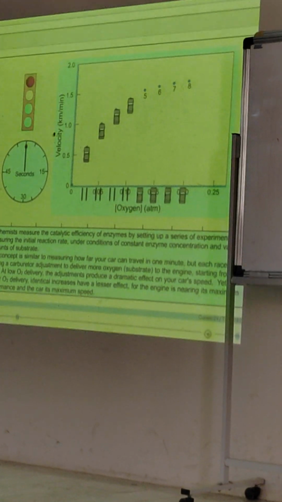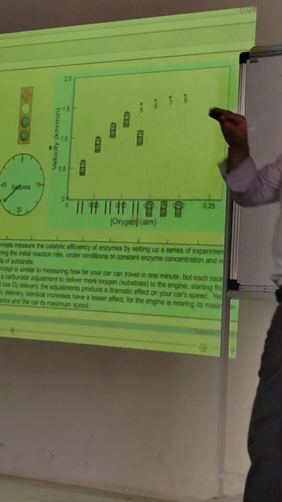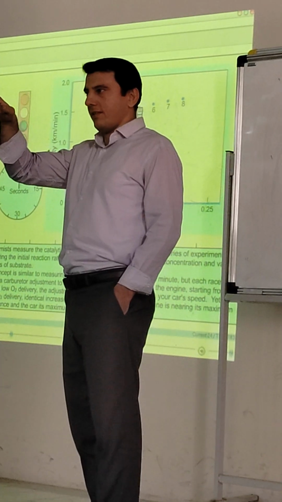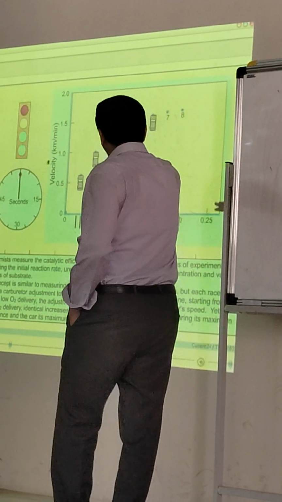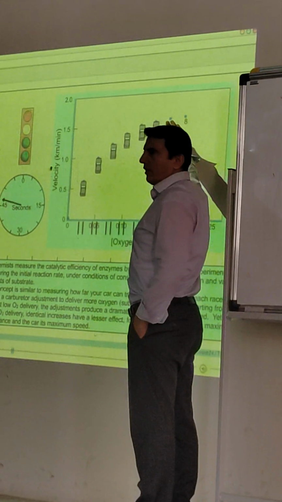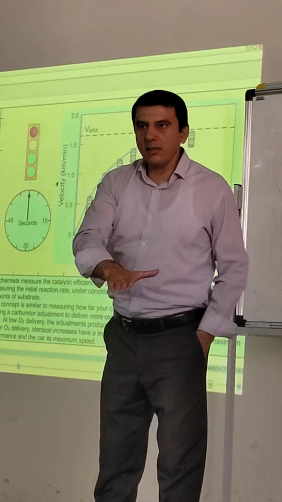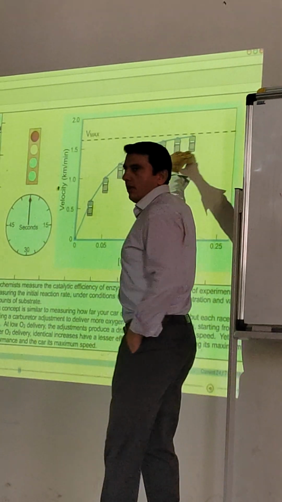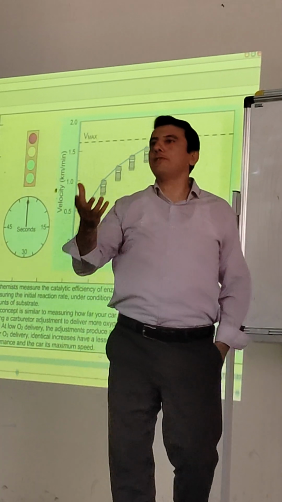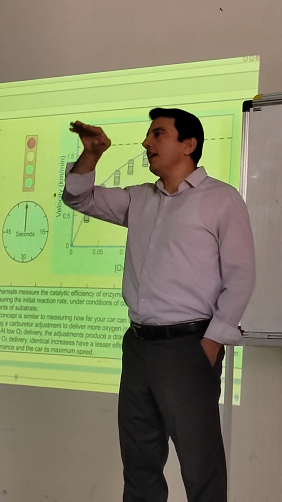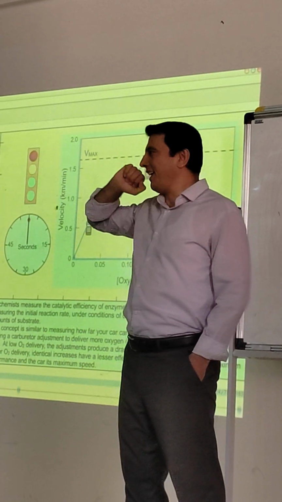But each car has a limitation for the speed. If you press the pedal at this point, you cannot have more speed because this is the limit of your car.